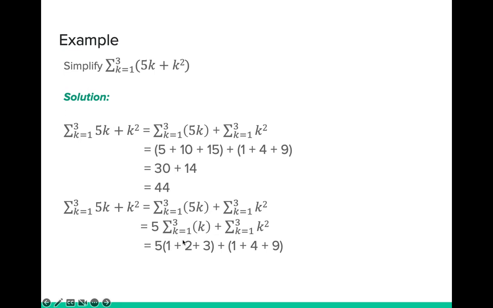K is equal to 2. If k is equal to 3, we simply substitute that here. And similarly, the second term will be the square of each term 1, 2, and 3. So this will result to a similar result.